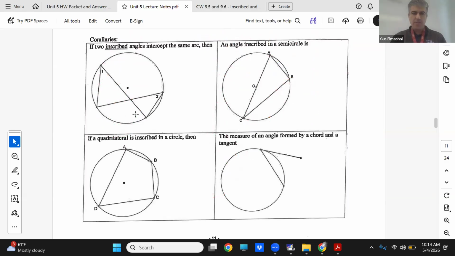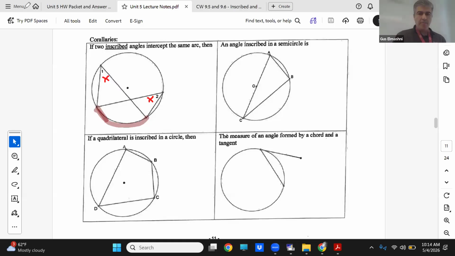There are just some more conceptual things we should talk about. If we call this x, and I call this x, this angle intercepts that arc. This angle intercepts that arc. So this arc is of course 2x.